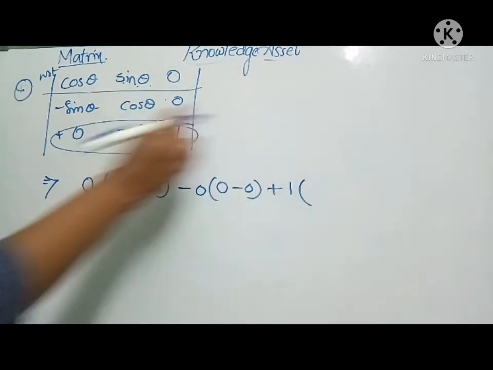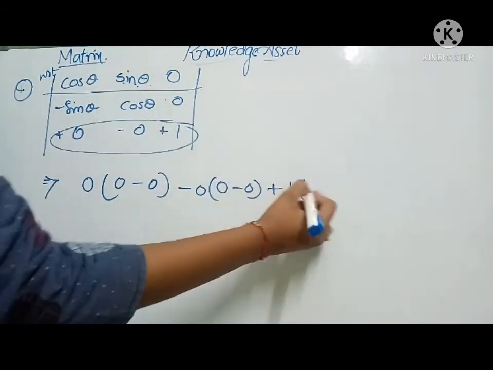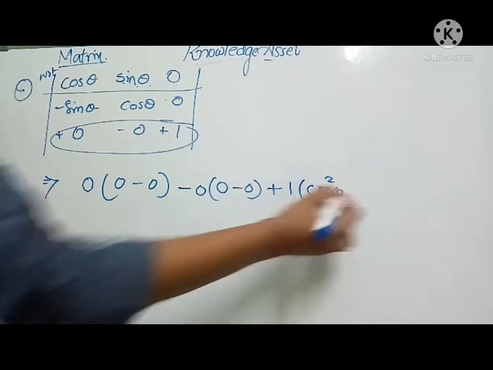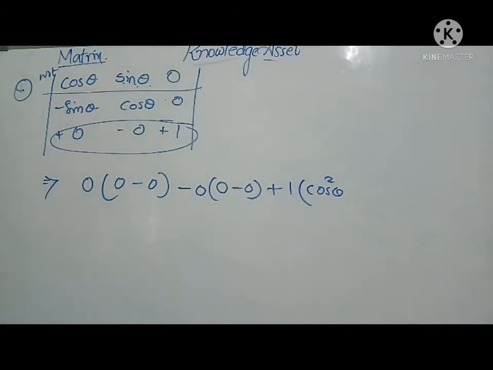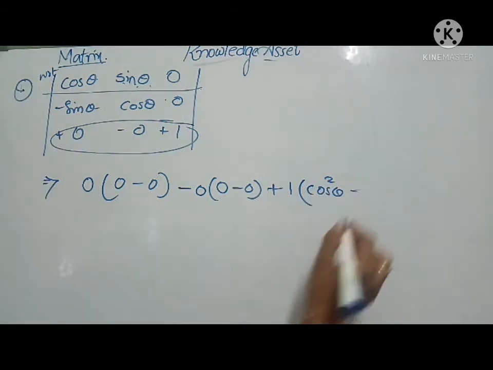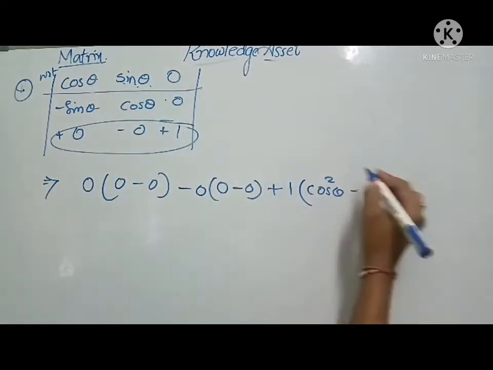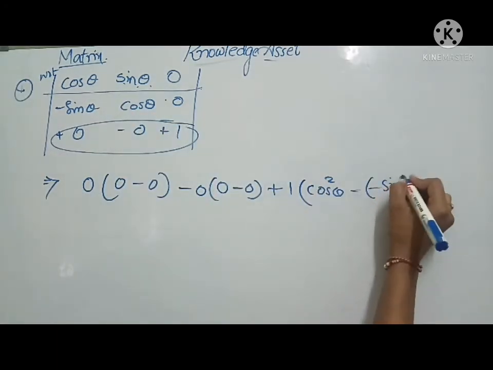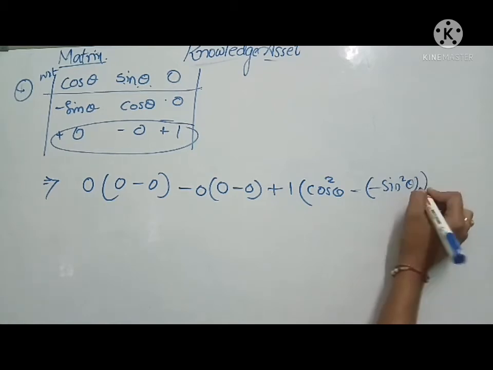Plus 1 into cos θ into cos θ, which is cos²θ, AD minus BC, minus sin θ into minus sin θ, which gives minus of minus sin²θ. This we have already done before.